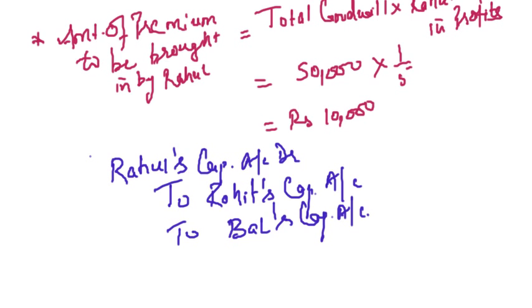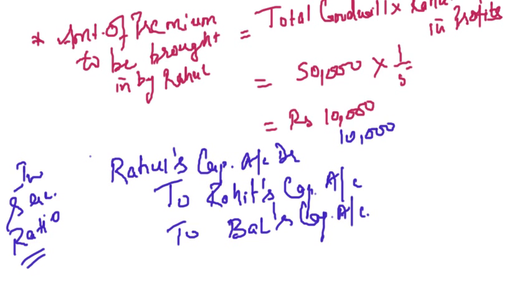Now, in which ratio this amount of 10,000 is to be distributed? In sacrificing ratio. And I told you, if only the old ratio of the old partners is given and the share of profit of the new partner is given, we are not given the new profit sharing ratio, then sacrificing ratio will be equal to the old ratio of old partners.